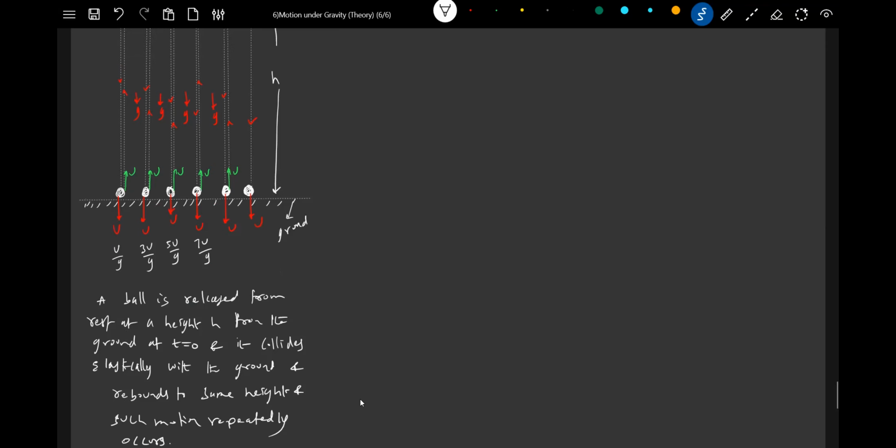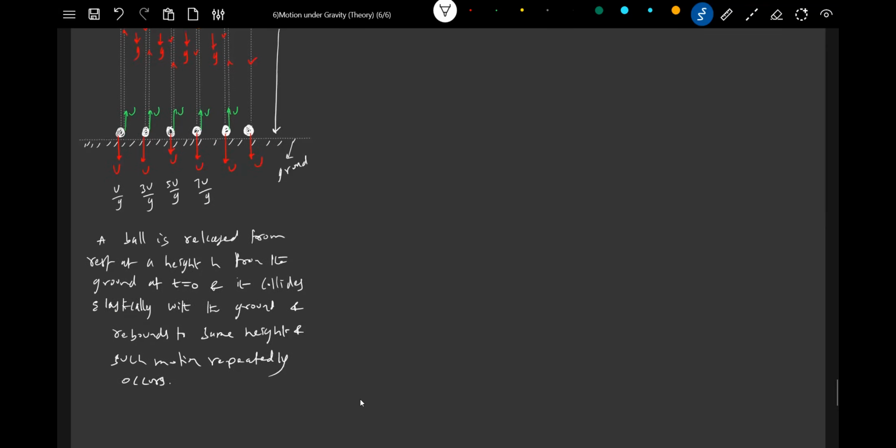We'll assume that elastically means no loss of energy here.